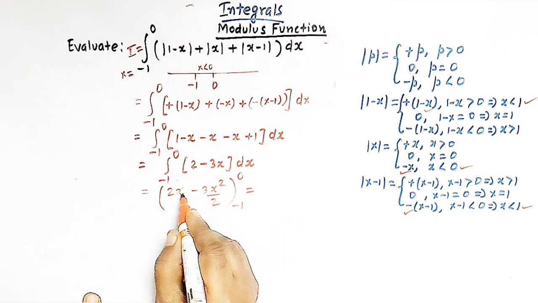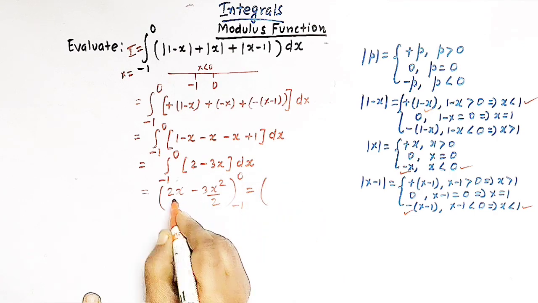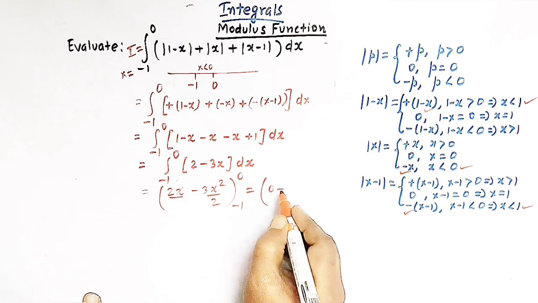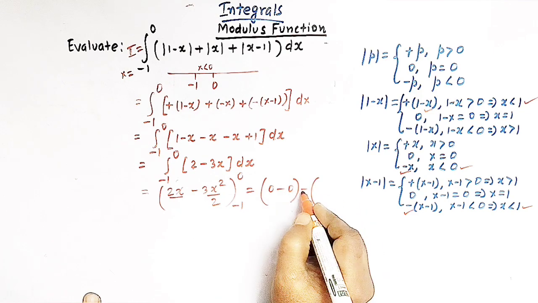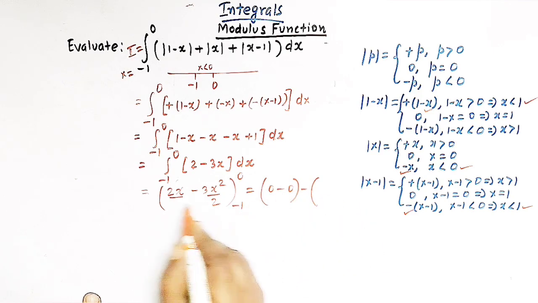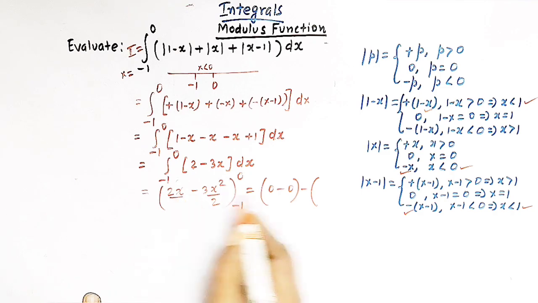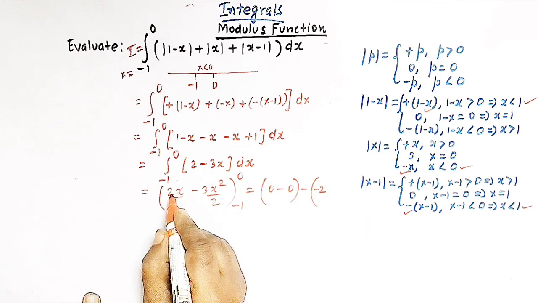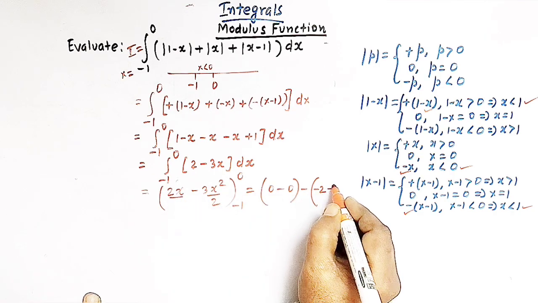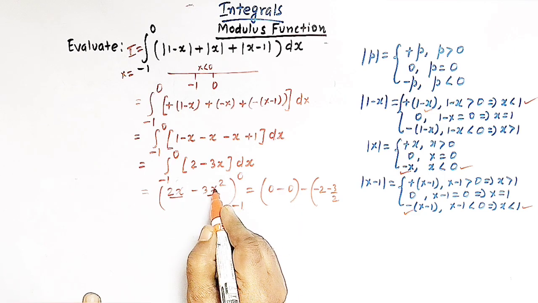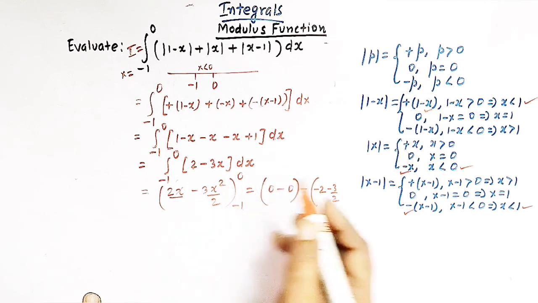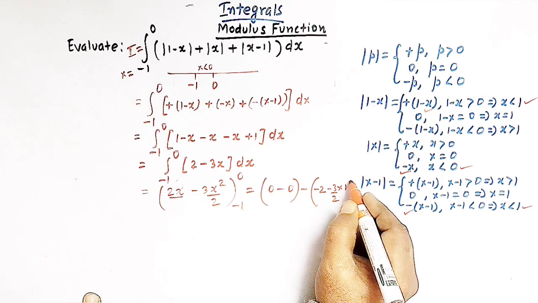First we substitute x equal to 0. So we have here 0, then here also we have 0, and then we have the negative sign, and then we take x equal to minus 1. So we have here minus 2, and here we have minus 3 over 2 times minus 1 squared, and minus 1 squared is positive 1.